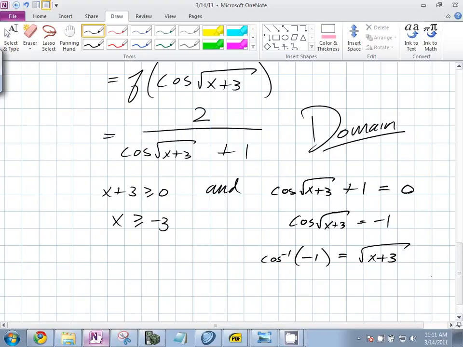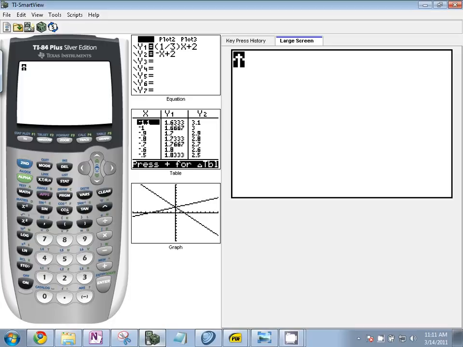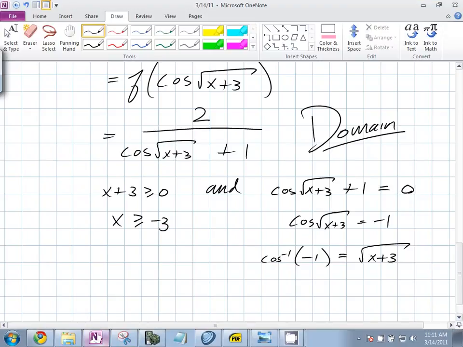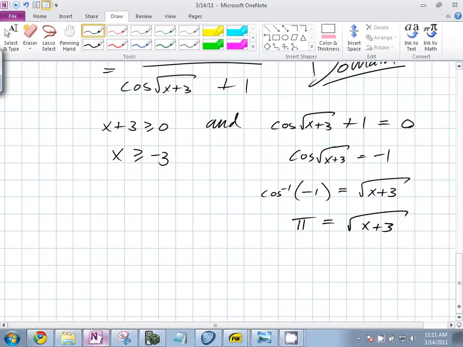And if we really wanted to, let's just boot this up. Second cosine inverse of negative 1 is... The cosine of what is negative 1? Yeah, so that's pi. Oh, I should have seen that coming. So pi is equal to this, right? So now you can square it.